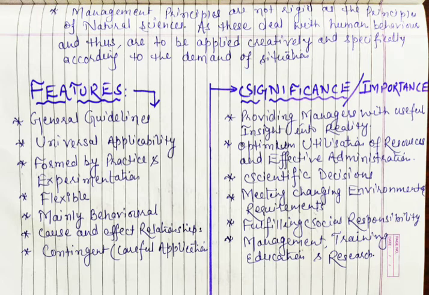Second is universal applicability. These principles are universal in nature. That is, these are universally applicable to all types of organization, whether business or non-business, small as well as large, at all levels and at all times, everywhere.